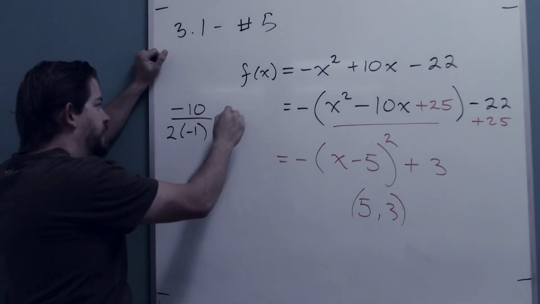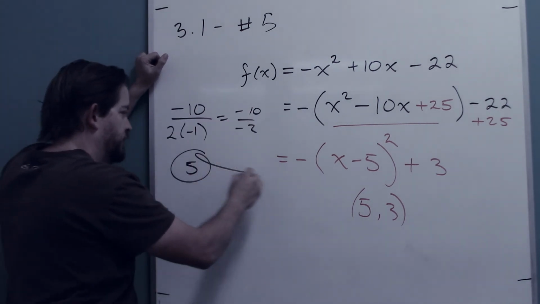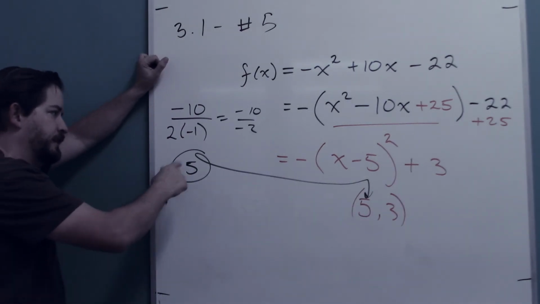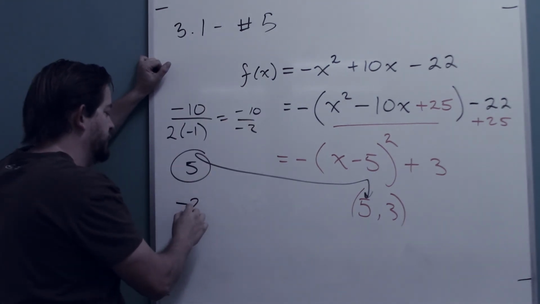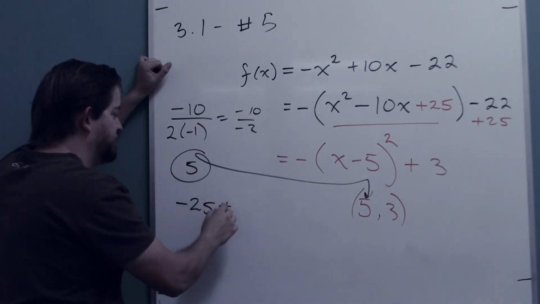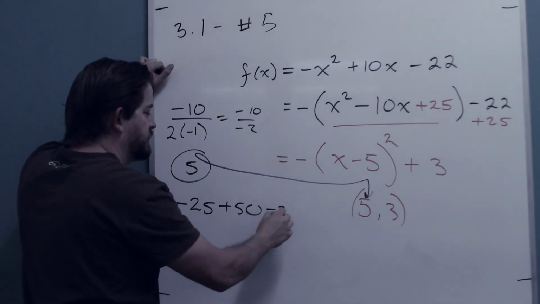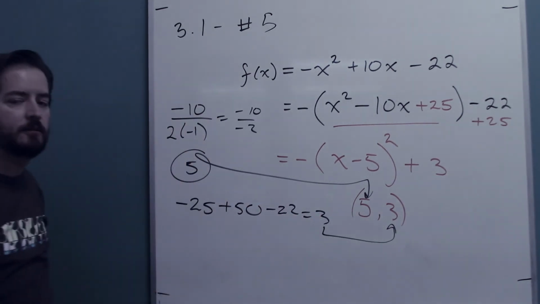But that's negative 10 over negative 2, and that's 5. Well, that's good because that should match the x value here. And if I take 5 and plug it into this equation, I get negative 5 squared, which is negative 25. Plus 5 times 10 is plus 50. So I'm sitting on a 25 right here, minus 22 is 3. That's good because it needs to match that one.